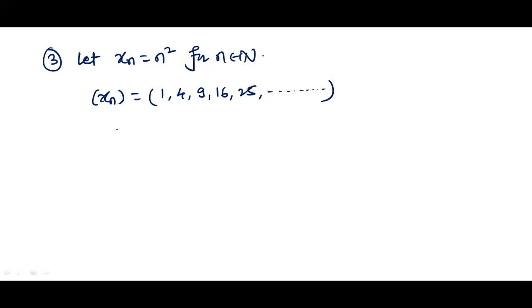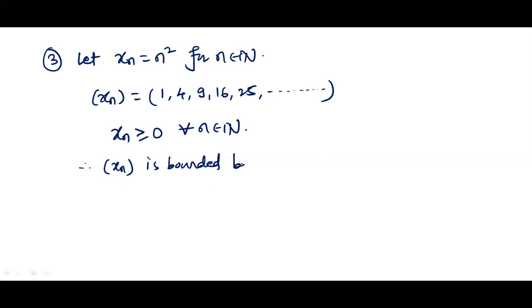Here you can note that each term of the sequence is greater or equal to 0, or you can say greater or equal to 1. Therefore, we have a real number 0 so that each term of the sequence is greater or equal to 0. Therefore, xn is bounded below.